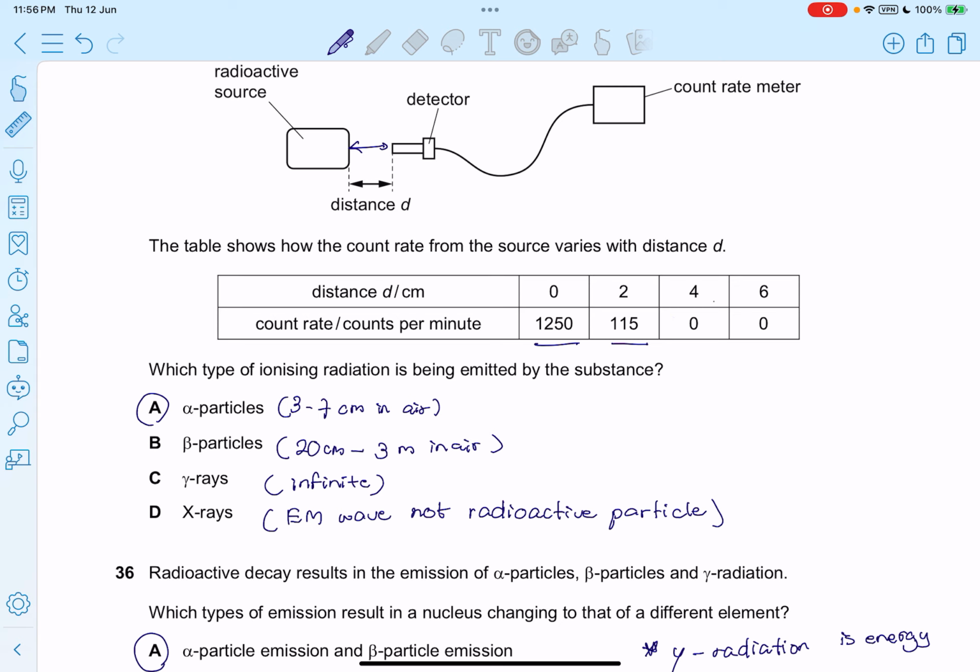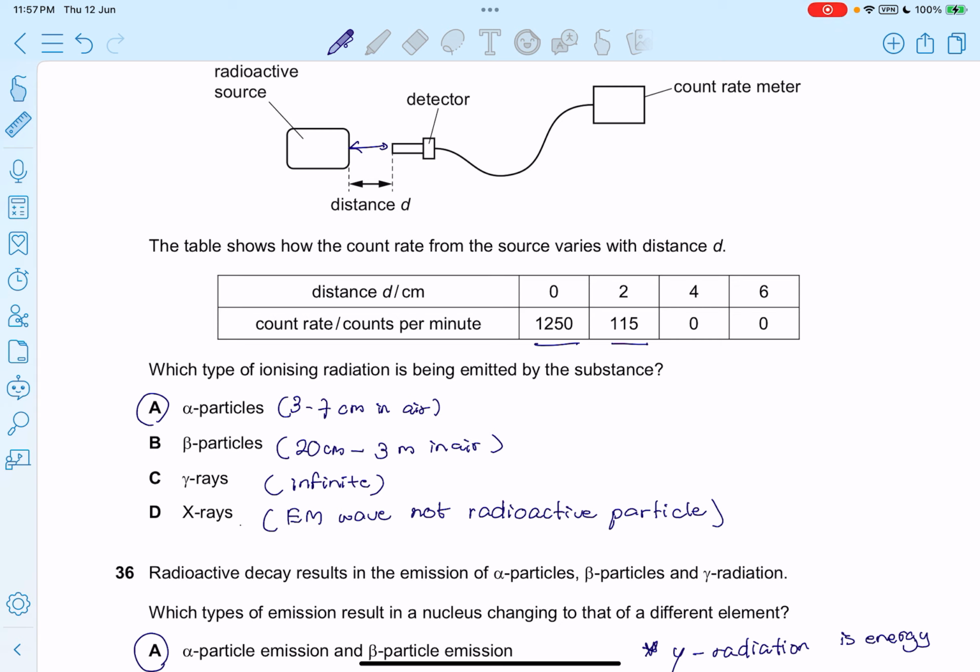Beta is about 20 centimeters to 3 meters, which is a lot more than what is being given. So A is the correct answer, alpha particles. Gamma rays are going to go infinitely far because they are an EM wave.